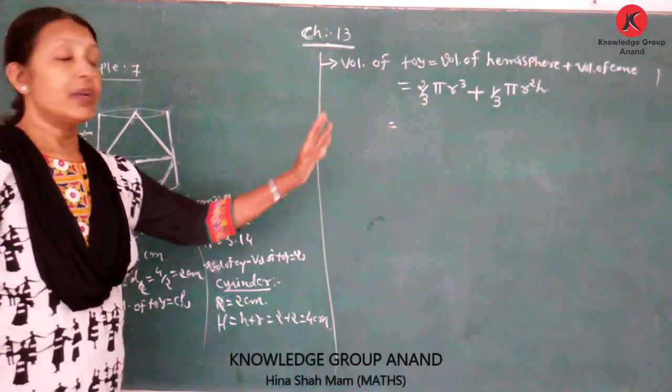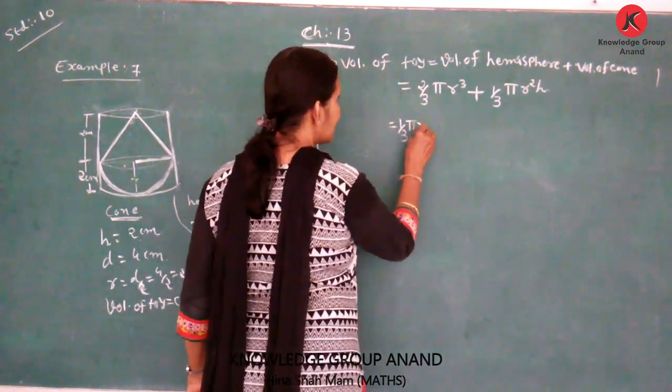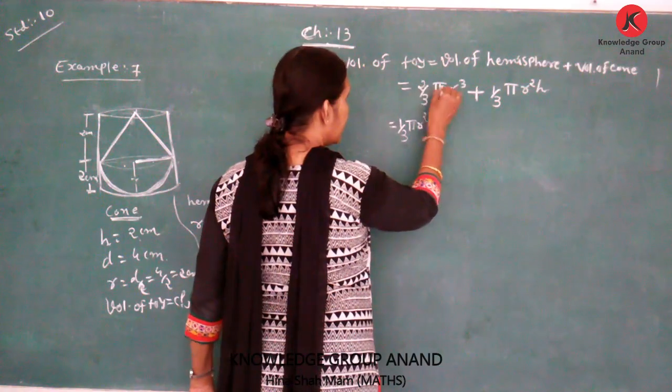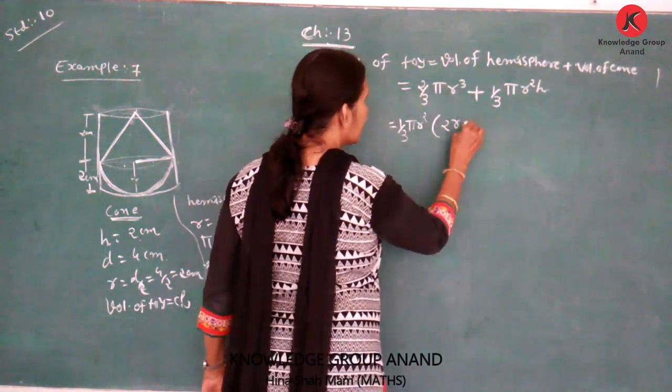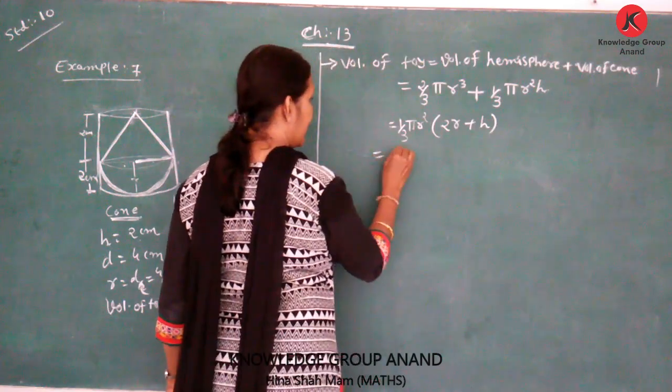In these two, what is common? 1 upon 3 pi r square, then 2r plus h.